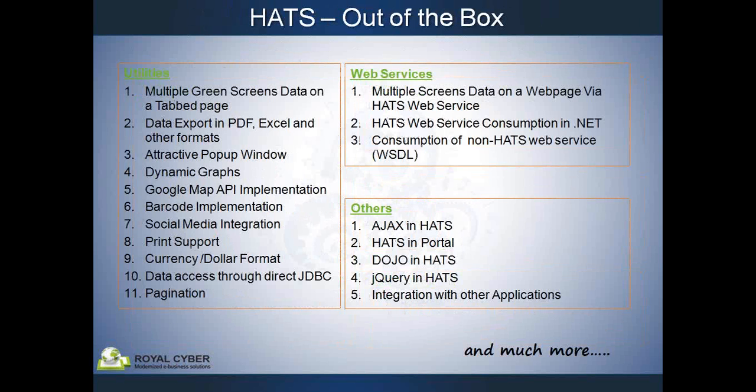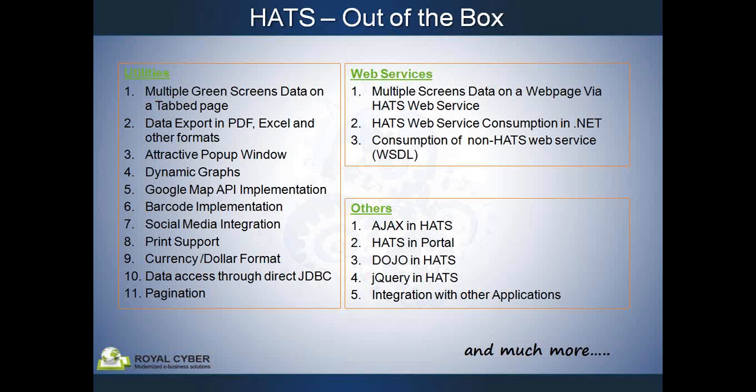In the utilities section, we will discuss the utilities developed by Royal Cyber to cater to different client requirements: tabbing, data export in different formats, graphs, pop-ups, Google Maps integration, barcode, social media integration, to name a few. In the web services section, we will discuss the various web services based implementations generated from HATS or generated for HATS.